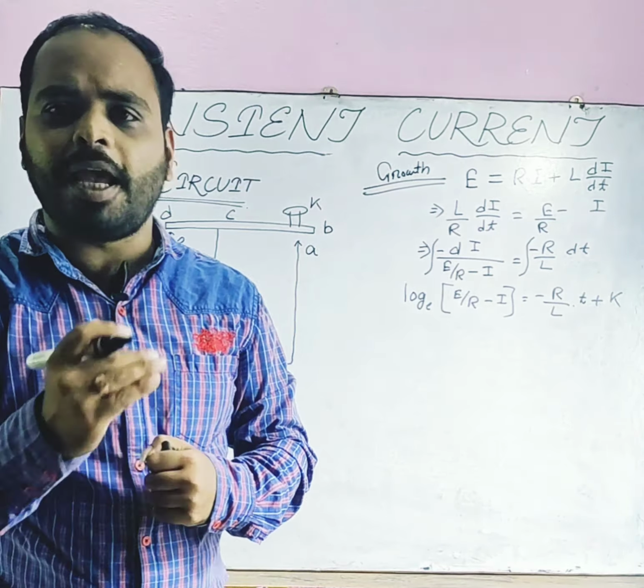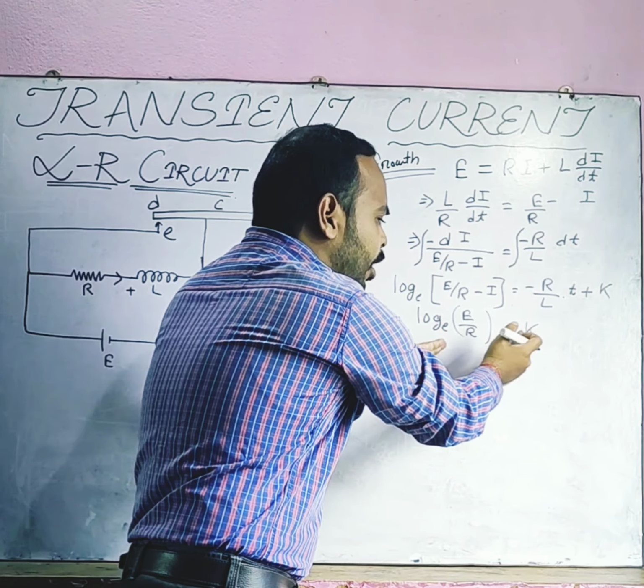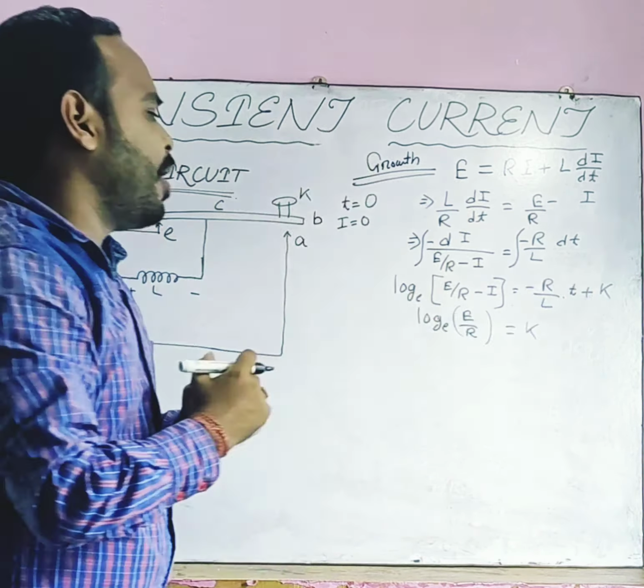At time t equal to 0, the current i in the circuit is equal to 0. When we apply this condition to our equation, it becomes log E by R equals K, because i is 0 and t is 0, so this term is 0. Putting the value of this constant in our equation, it becomes log E by R minus i equals minus R by L into t plus log E by R.